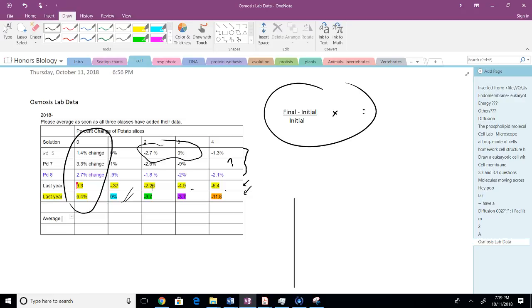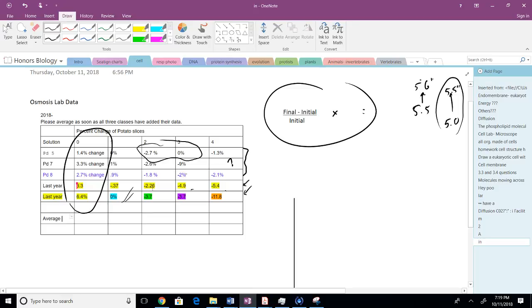Because if the 5'5" person only grew an inch to 5'6", but then another person who's 5 foot grows to 5'5", well, clearly this person grew more, but you wouldn't know it from the absolute values. So we use percent change to give a relative amount.